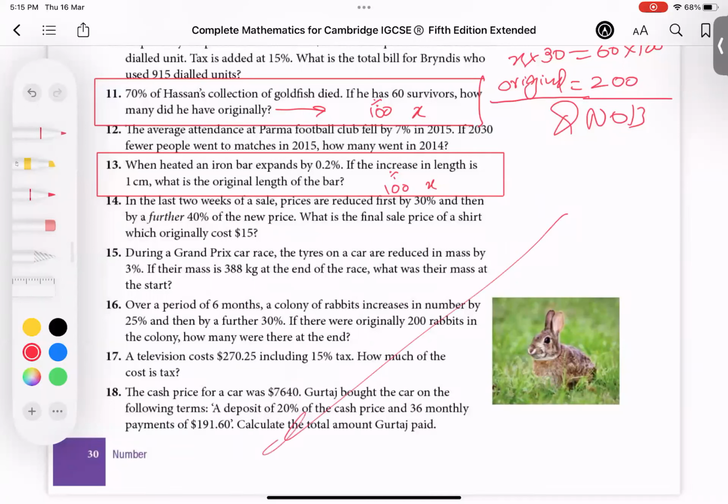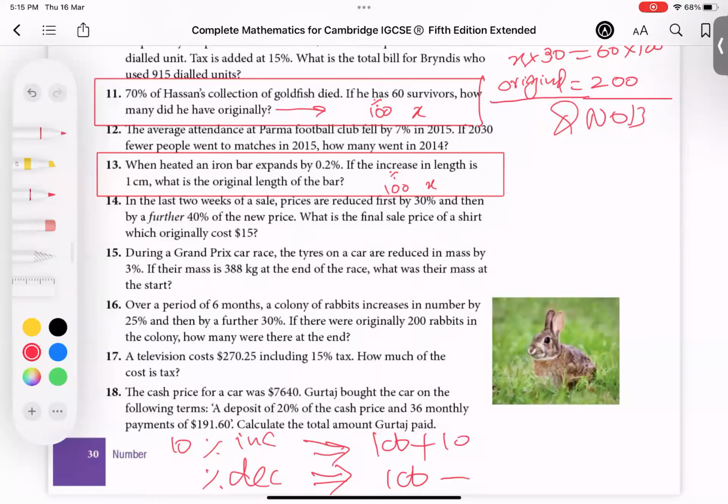When something increases, a percentage increase, I will do 100 plus that. If a percentage decrease, I will do 100 minus that. So 10% increase, 100 plus 10. 8% decrease, 100 minus 8. I believe you got the point.